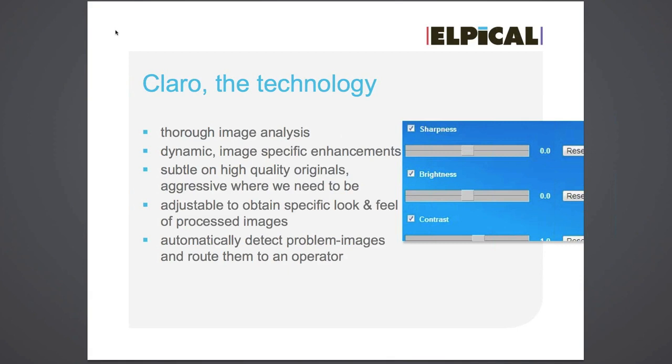Should the software feel that it is unable to correct the images in the way that has been defined in the settings, then those images can be rerouted to an image operator for him or her to have a look at those images and to potentially perform additional corrections.